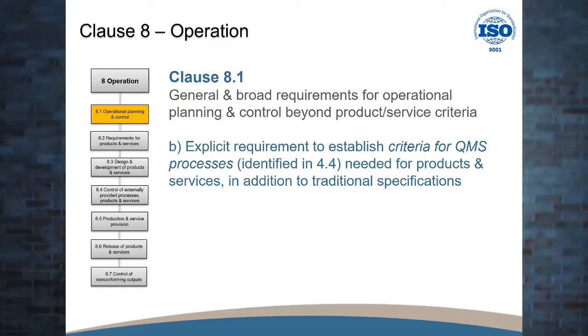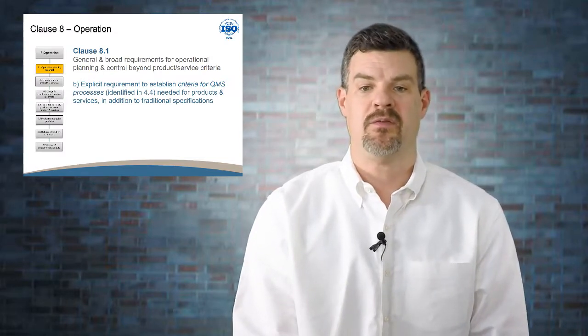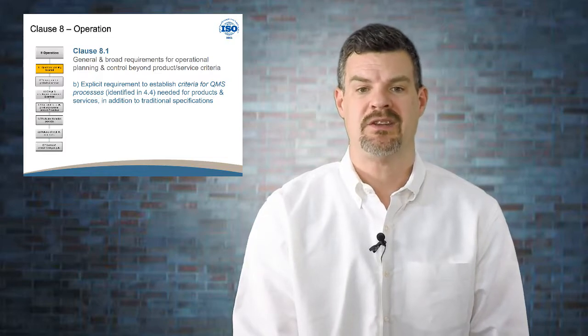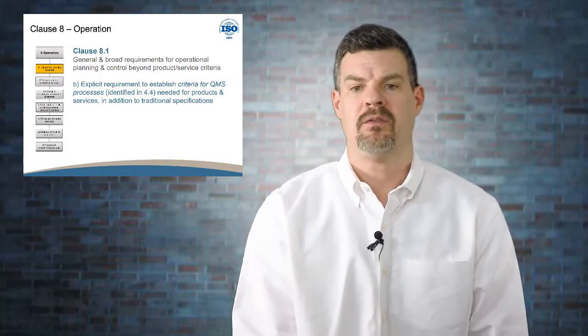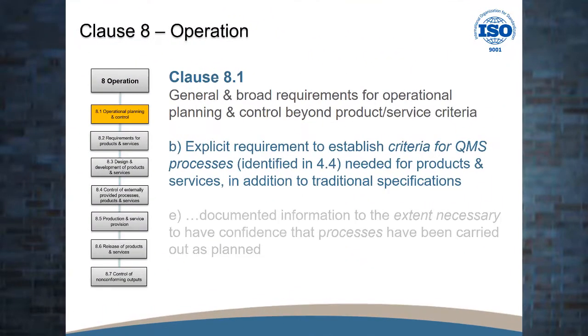So those QMS processes that you've identified in your scope or in 4.4, you need to establish criteria that's needed for products and services in addition to the traditional specs. So what that's saying is criteria for your QMS processes. Okay, so each of those, not just the value added or core processes, but each of those QMS processes.